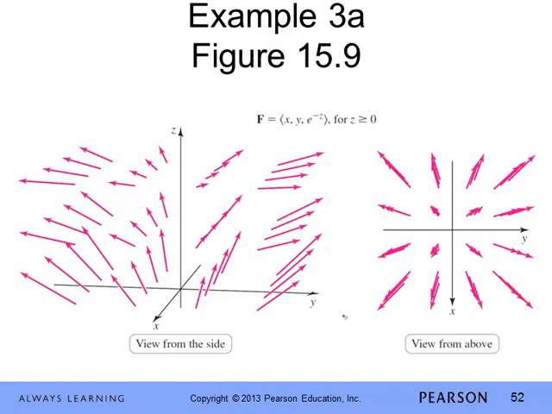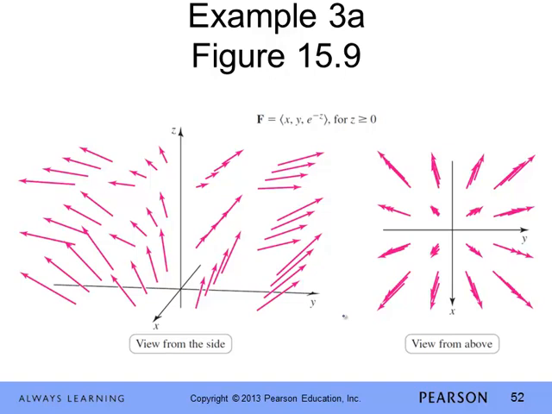Now, the big thing I want you to realize is that the larger z becomes, the smaller e to the negative z becomes. So the further up you go, the more flattened those vectors are going to become, because e to the negative z becomes relatively small for large values of z.